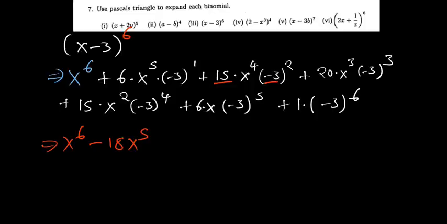So 9 times 15, so 135 x to the power 4. Negative 3 cubed: 3 times 3 is 9, 9 times 3 is 27, so that would be negative 27. 27 times 20 is 540. So negative 540 x to the power 3.